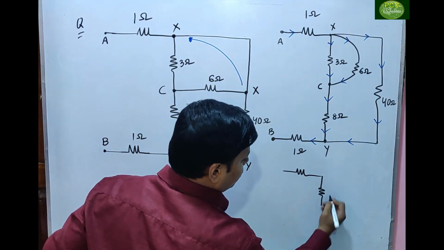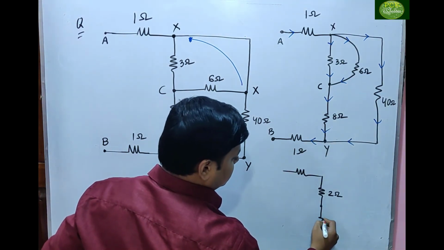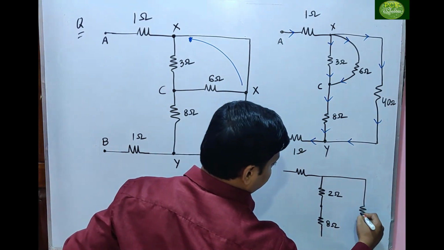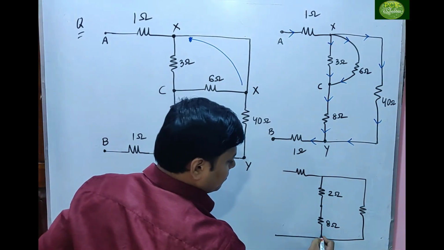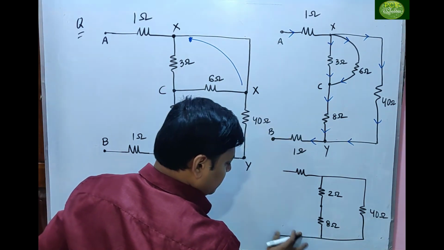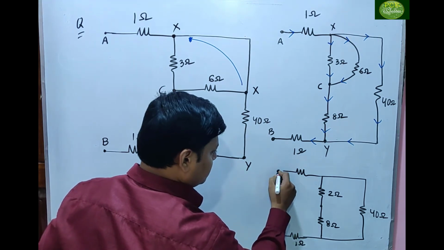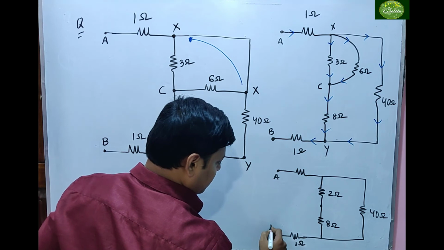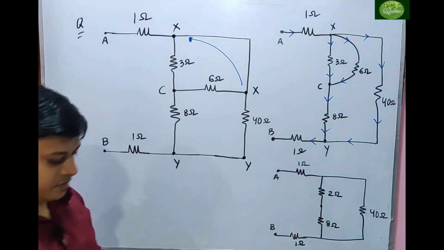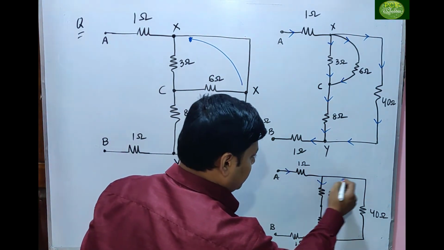This will be 2 ohm, because 3 parallel 6, and this is 8 ohm, and this is your 40 ohm, and here one resistance is there, that is 1 ohm. This is the terminal A, this is the terminal B.